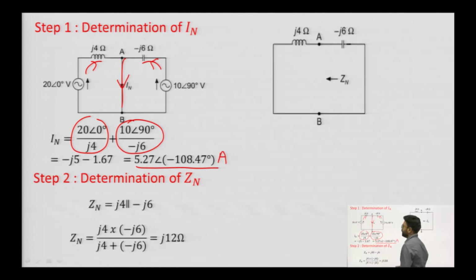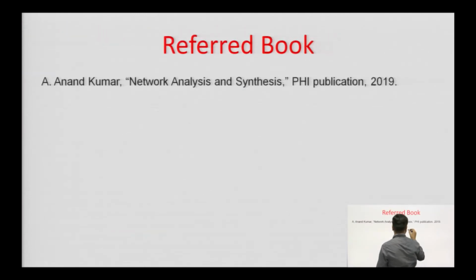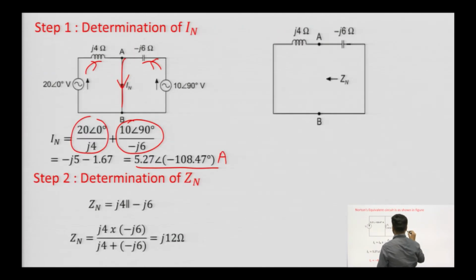Now, to find out Zn, what we will do? We will short circuit all the independent energy sources.